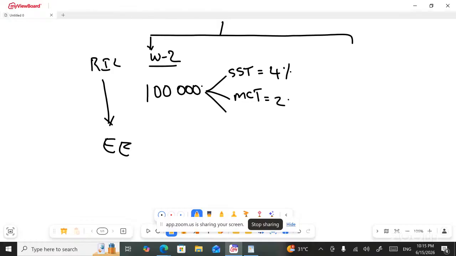And 2% Medicare tax. So salary has to be paid to the employee directly, 1 lakh, and 1 lakh into 4% means 4,000, and 1 lakh into 2% is 2,000. This 6,000 is to be paid by the employer to another government department on behalf of the employee.